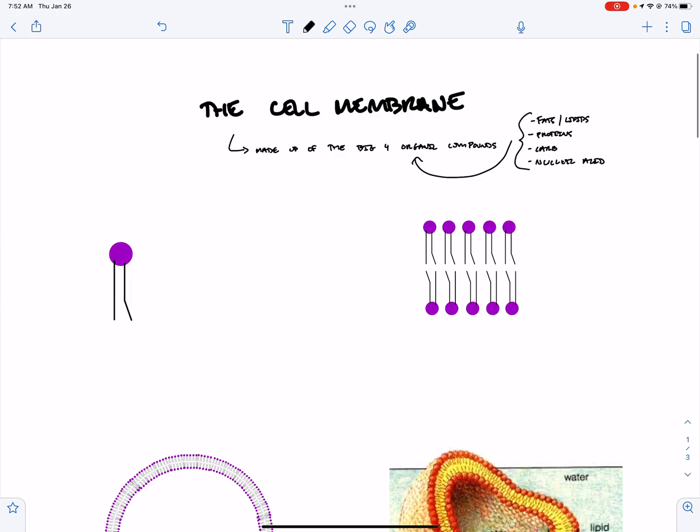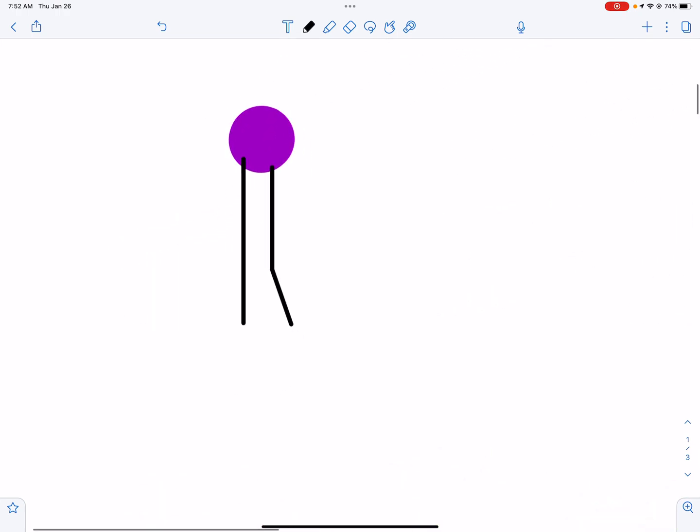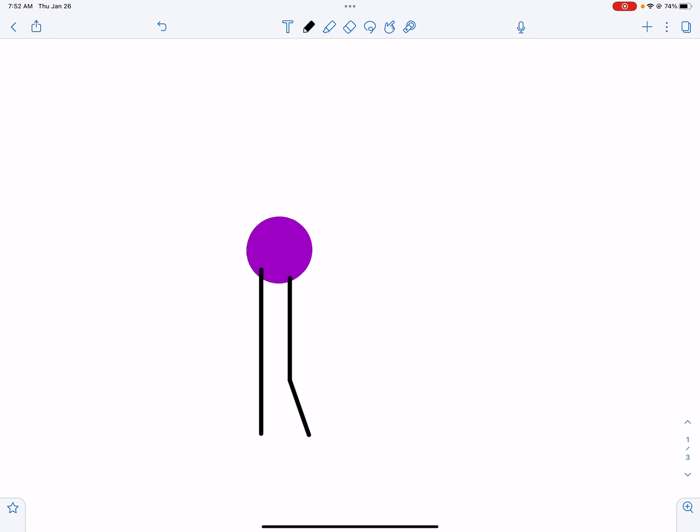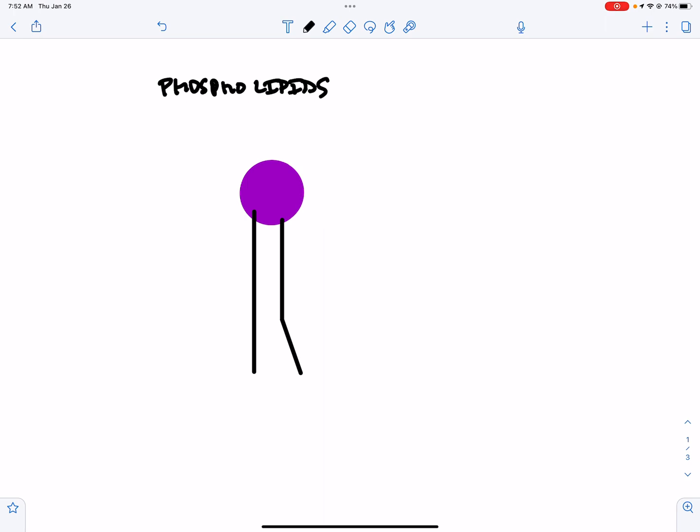Okay, and the cell membrane is mostly made up of a certain type of fat that you have talked about already. They're called phospholipids. And this is their structure. They kind of look like a lollipop with two sticks.